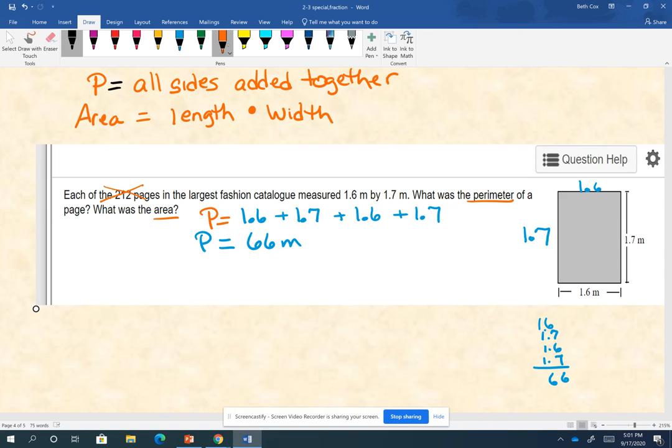And then the area is length times width. Okay, so we're going to call this one the width, and we'll call this one the length. So the two numbers multiplied together. So it doesn't matter the order, but it's 1.6 times 1.7. And again, I don't have a calculator, so I'm going to have to multiply it old school.